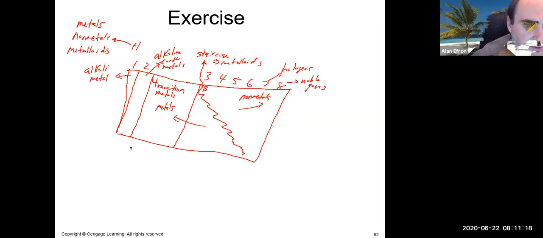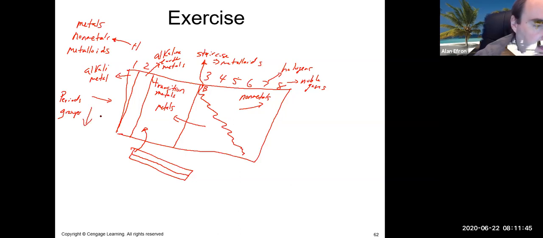And we also have these 2 periods or rows at the bottom, which technically go right about here on the periodic table, and that's the lanthanide and actinide series. They follow those 2 elements on the periodic table. Remember, periods go left to right, and groups go up and down.